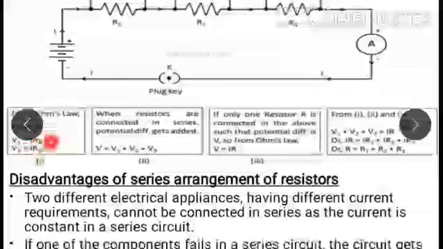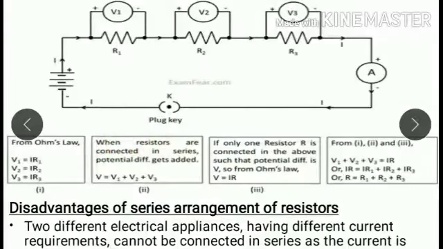Look at this formula. When resistances are connected in series combination, the potentials are different but the current is the same. So we can say the total potential V is equal to V1 plus V2 plus V3, because the potential is different for each resistance. And third, if only one resistance R is connected such that the potential difference is V, then from Ohm's law V is equal to IR.